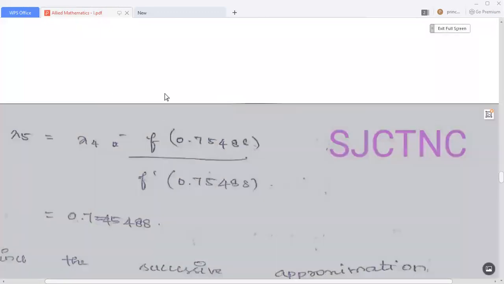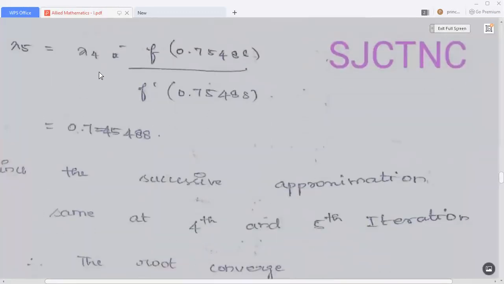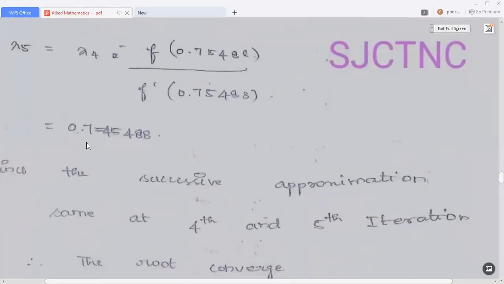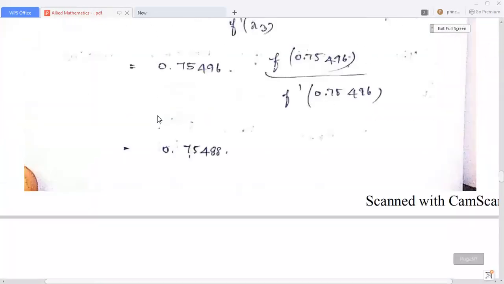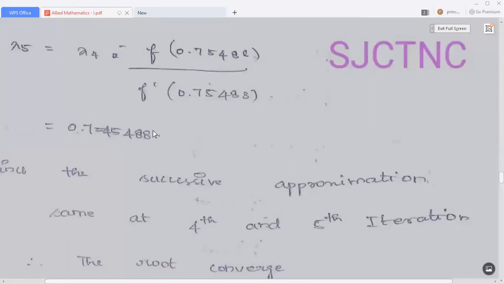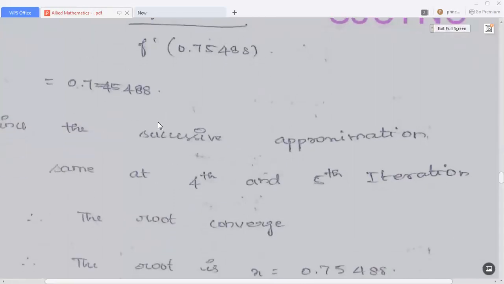Then we calculate the fifth approximation, x5 equal to x4 minus f of x4 by f dash of x4. So that is x5 value is 0.75488.